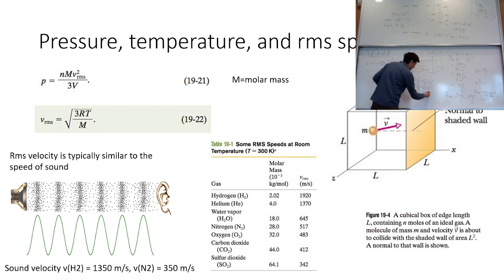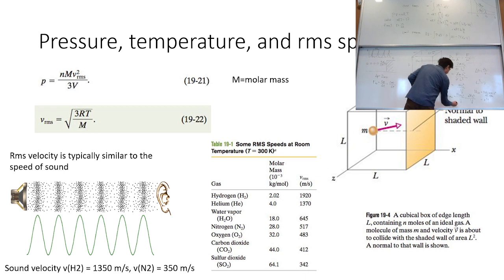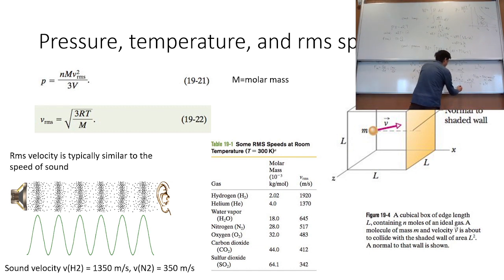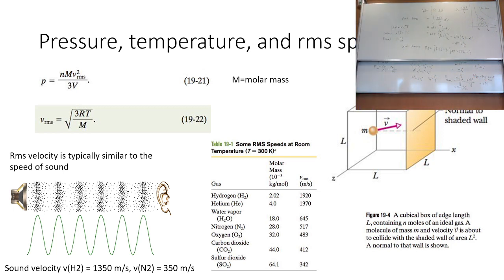And then we can relate just this x component of velocity as being a third of the actual velocity of the atoms. So let's stick that in, and then we're going to get n m v squared over 3. The final result got a bit squished down there, but that's basically how you get that.